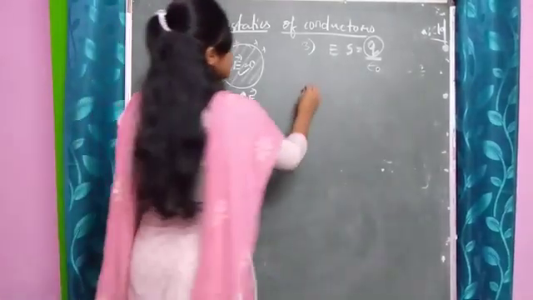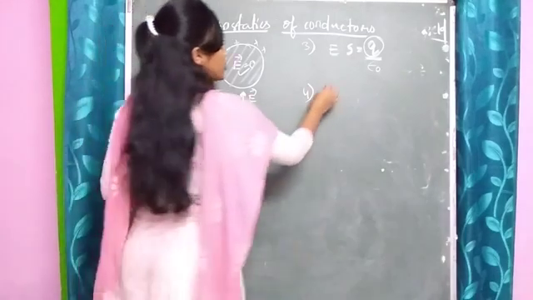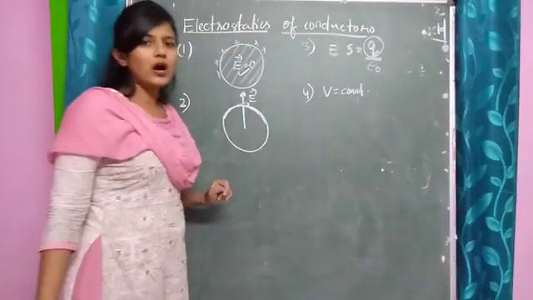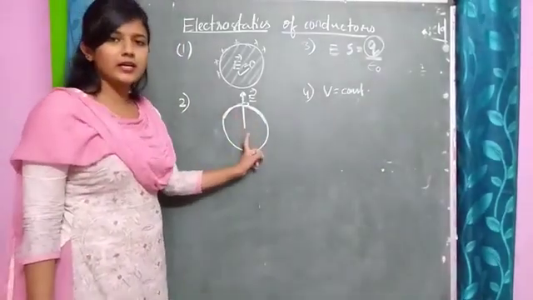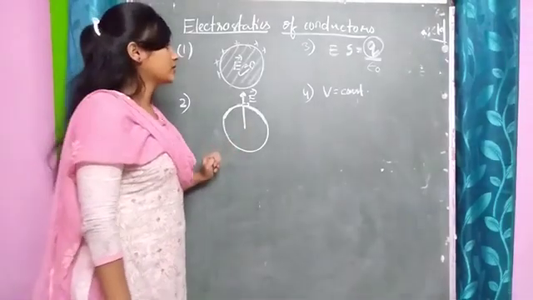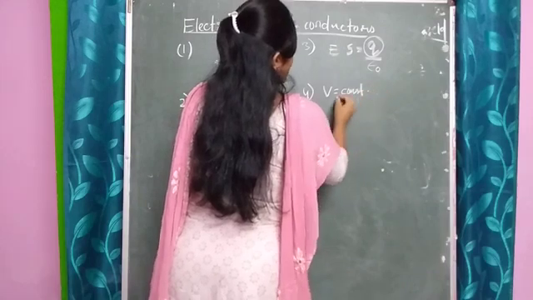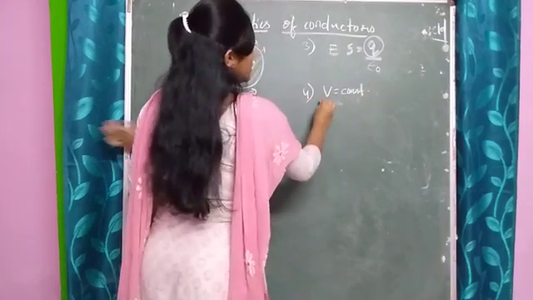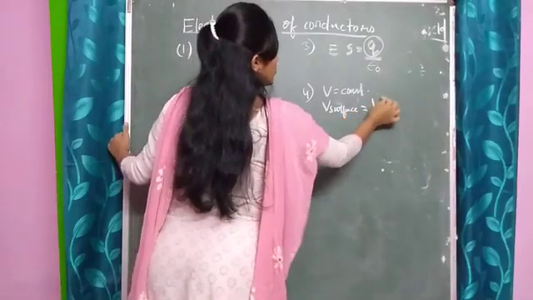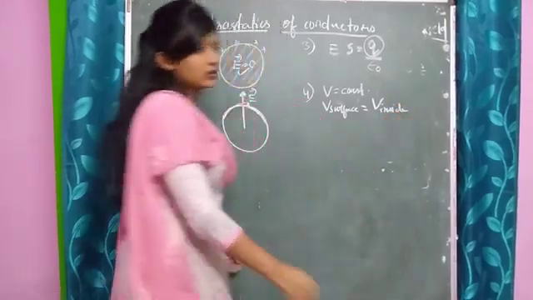Fourth point is that the potential is constant throughout the spherical conductor and also inside the conductor. V is equal to constant, meaning whatever it is at the surface, it must be equal inside the conductor.